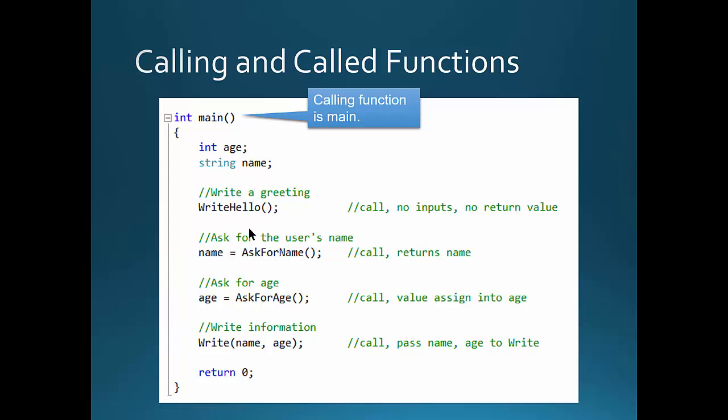Write hello is a parameterless void function, and when we call that, all we do is put the name of the function and open close parentheses. We still need the parentheses because this tells the compiler that we're calling a function as opposed to just doing something with a variable. So in that case, a void function, a parameterless function, is fairly easy to call.